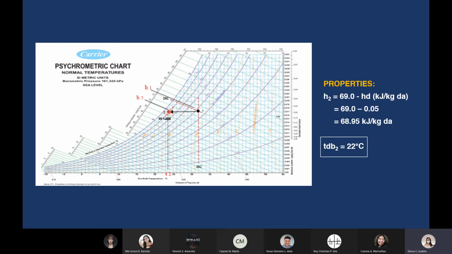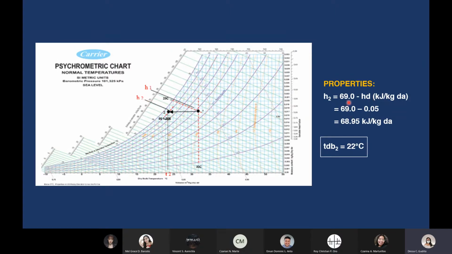And then, since we have plotted state 2, we can already get all the other values we need, such as the dry bulb temperature, the enthalpy, and the HD. Our enthalpy here is 69 and our HD is 0.05.